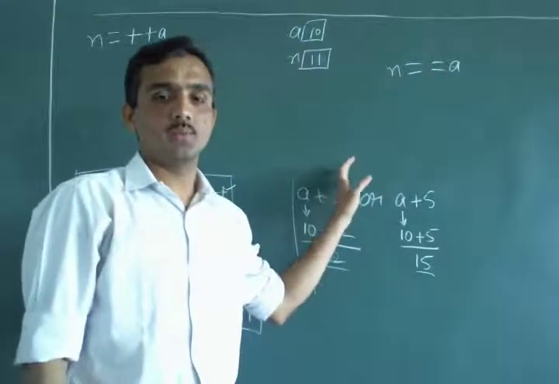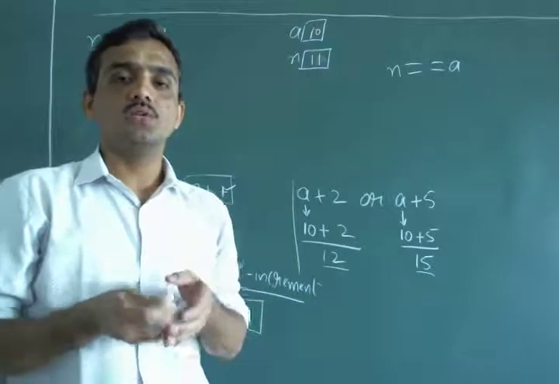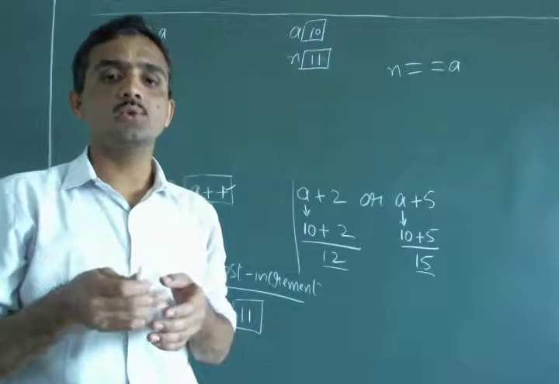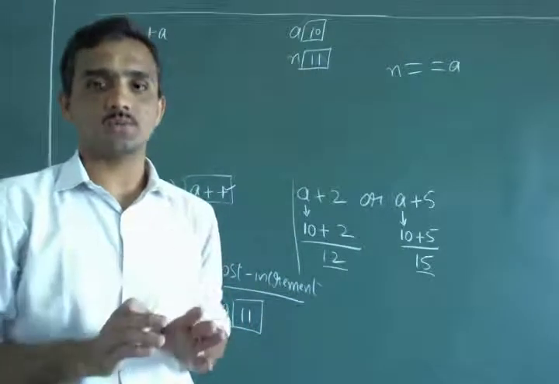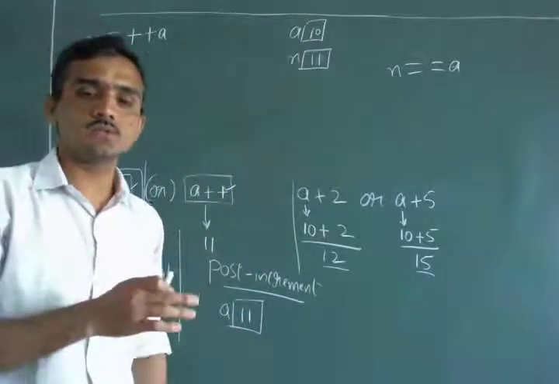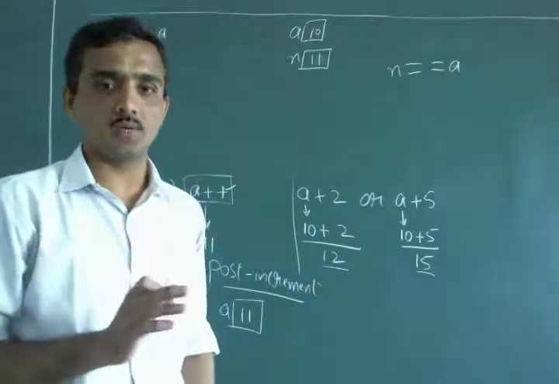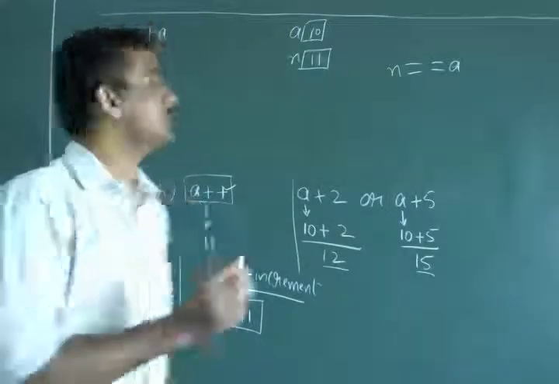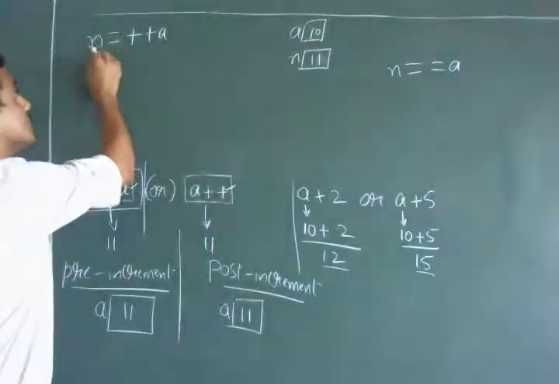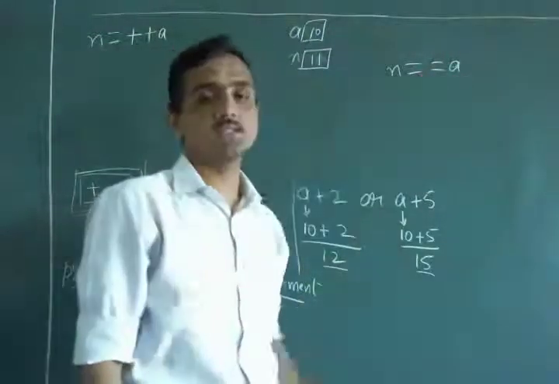In mathematics, whenever we try to prove LHS equal to RHS, in both the things we substitute, right? And there we use only one equals to sign, not two. So in LHS also we substitute the value, in RHS also we substitute the value. Finally, we say LHS equal to RHS. But in programming language, keep in mind, whenever we are using only a single equals to, don't substitute in the LHS. When we are using two equals to signs, substitute both in the LHS and RHS.